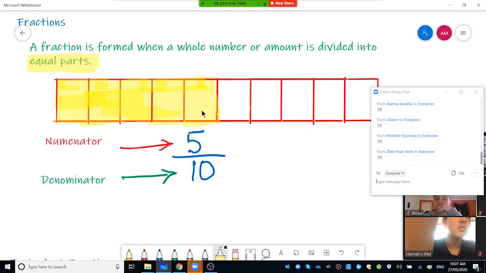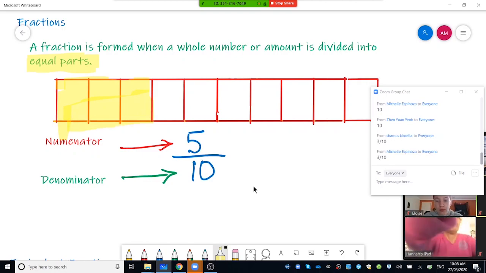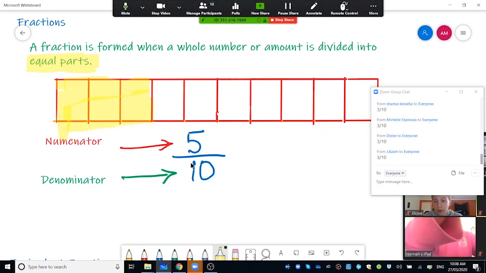So let me ask you a question. I will highlight a part of it and you should write in your chat what this fraction is. So let's say I am highlighting this. Kindly write in your chat what is this fraction of the total.